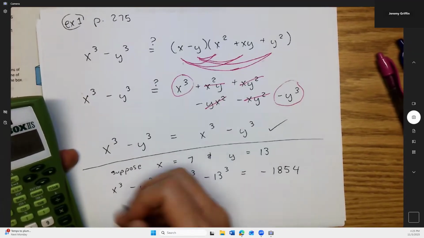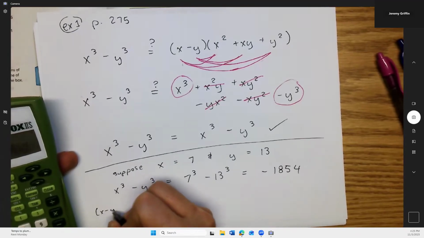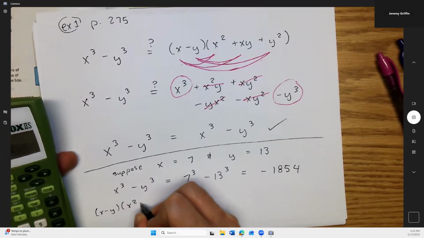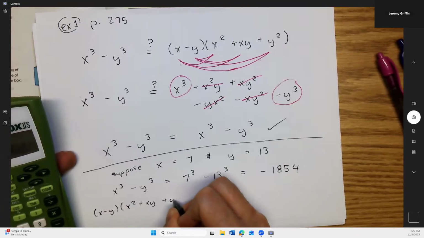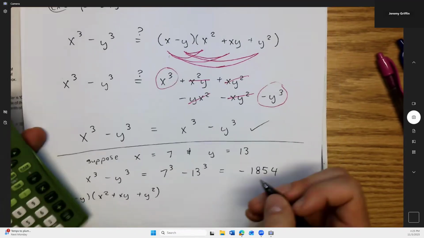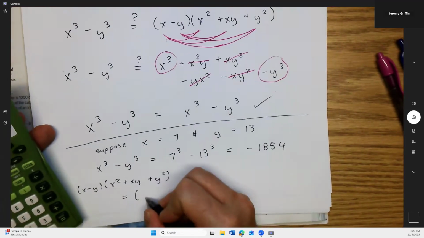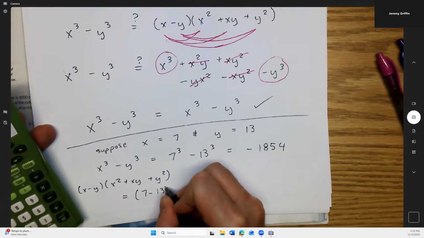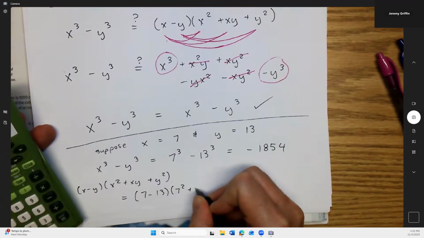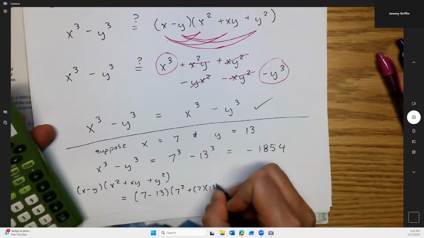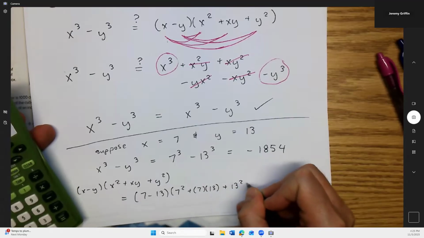So I've got x minus y, and then x squared plus xy plus y squared. That would work out to 7 minus 13, times 7 squared plus 7 times 13 plus 13 squared.